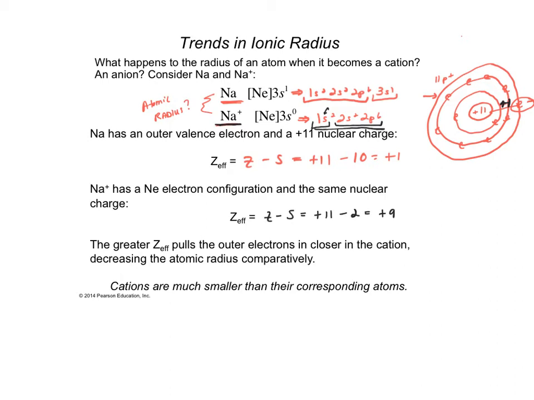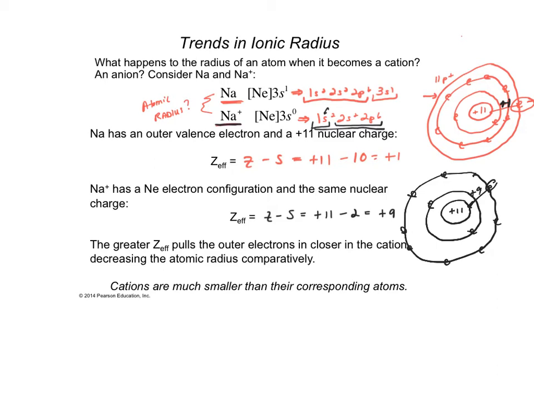And so because of that, those valence electrons for the sodium 1+ will feel a +9 pull towards the nucleus, which means that these guys, our new valence electrons, all 8 of them, don't shield each other, 1, 2, 3, 4, 5, 6, 7, 8, but they feel a +9 pull towards the nucleus.